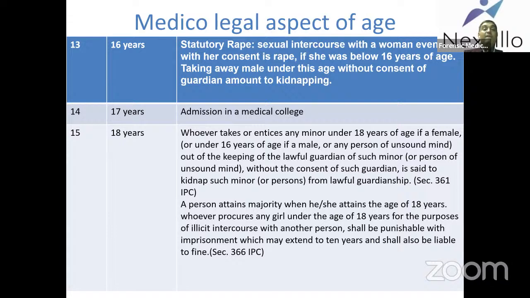So, dear friends, this 18 years of age is again a very important aspect, where we have to understand rape, or according to lawful guardianship, if the guardian is not there, then that will be considered as kidnapping of such a minor.